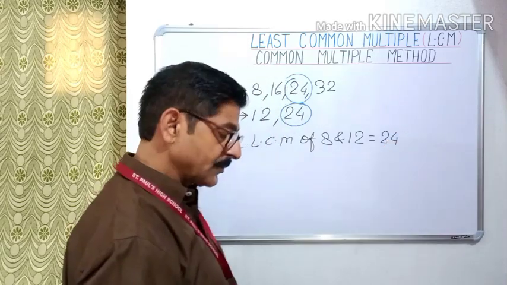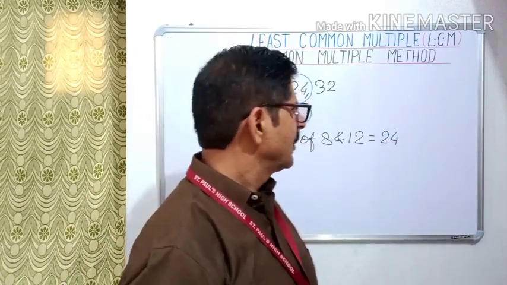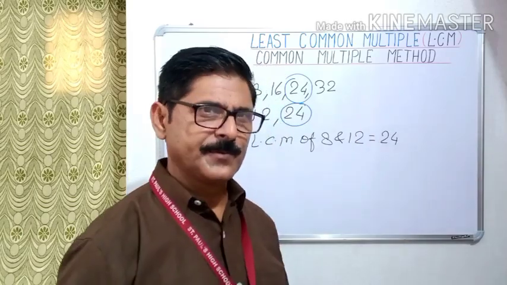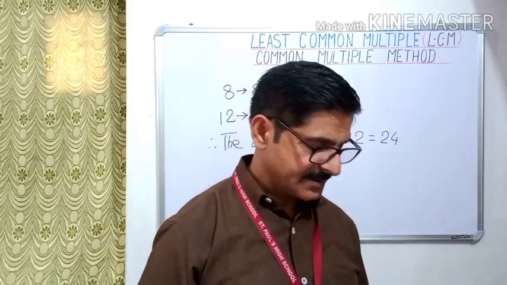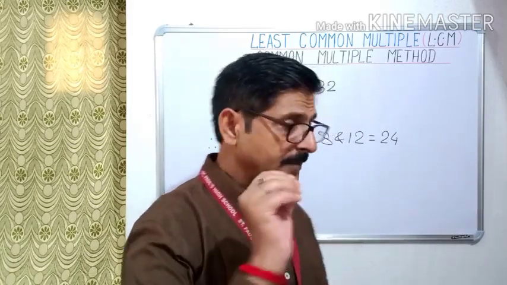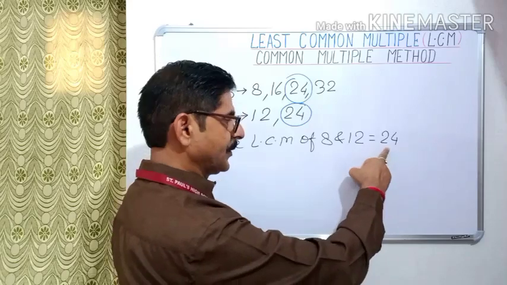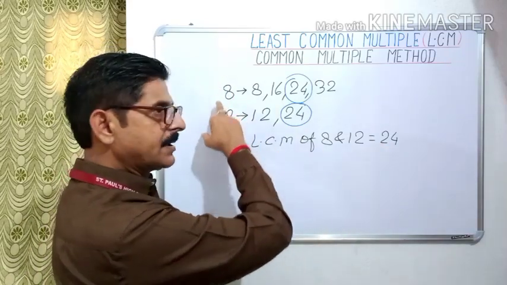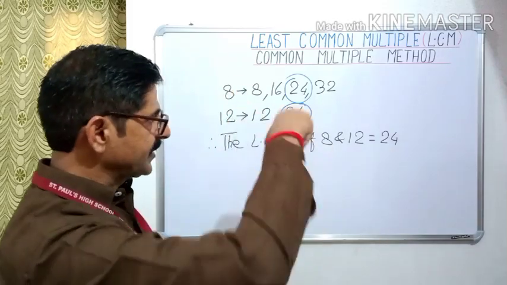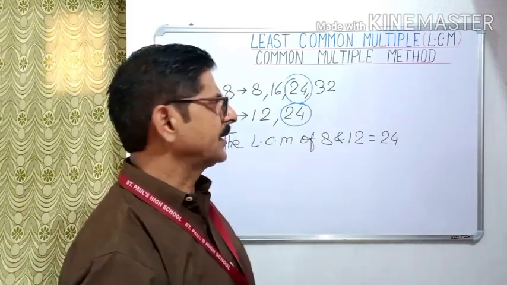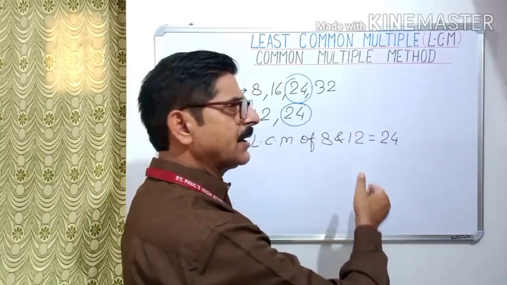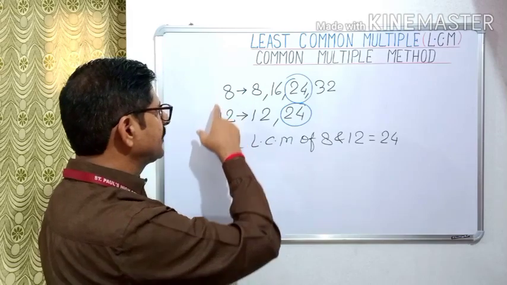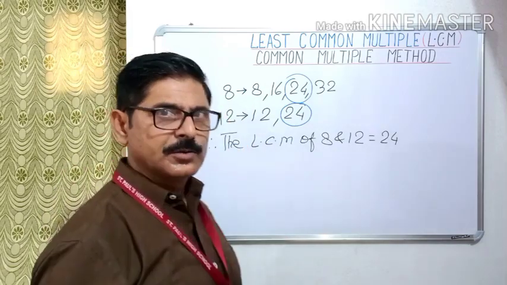Here one thing I would like to point out. What do we mean by this LCM 24? In fact, no number less than 24 is exactly divisible by 8 and 12 both. You may check it. Write the numbers from 1 to 24 and check whether they are divisible by 8 and 12 both or not.